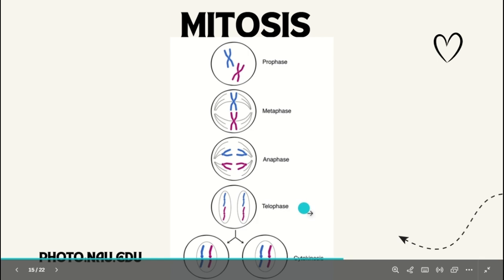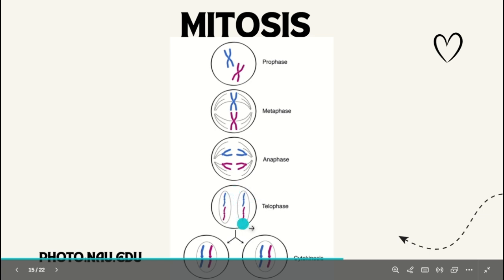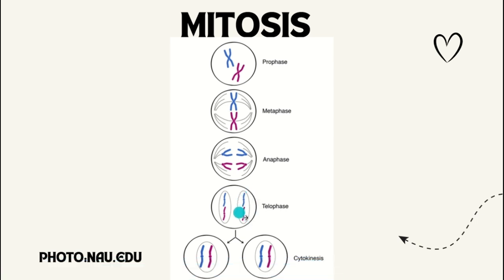And also in telophase, the nuclear membrane starts building up. The circle around it is the nuclear membrane, and the chromosomes start becoming decondensed. As I said, this diagram is not the best, but they become decondensed.